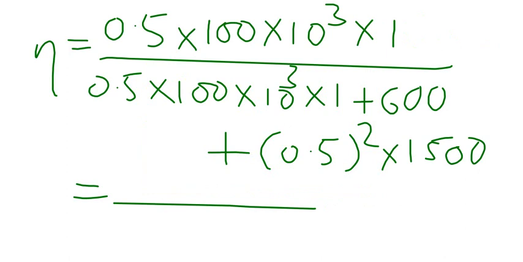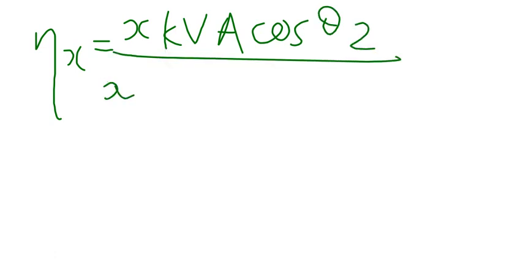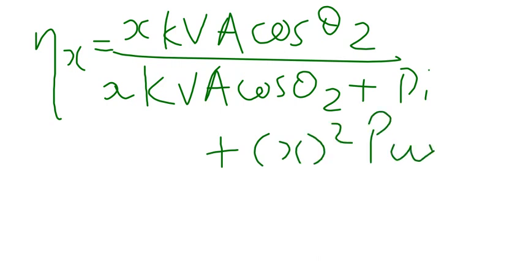Again I repeat, as long as the calculation of the efficiency at any load is concerned, you have to make use of this formula: x kVA cos theta 2 divided by x kVA cos theta 2 plus iron loss plus x square into full load copper loss, PCU full load.